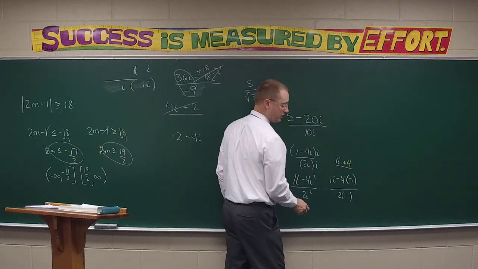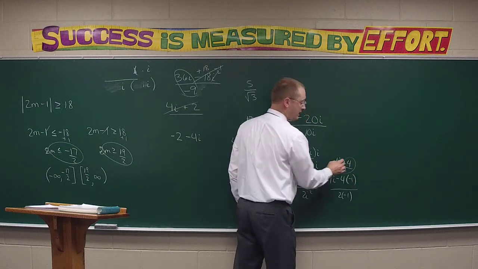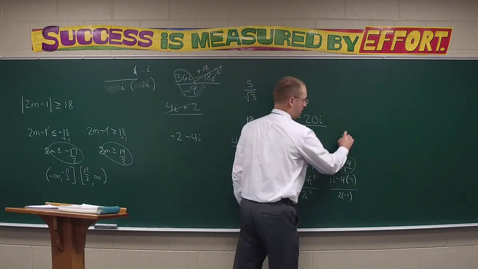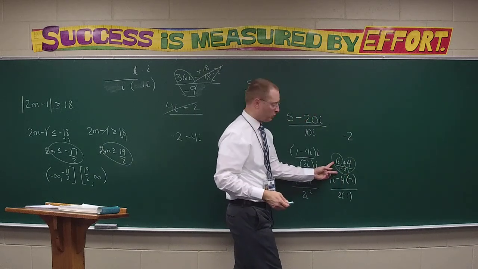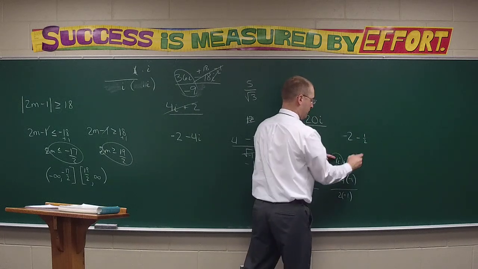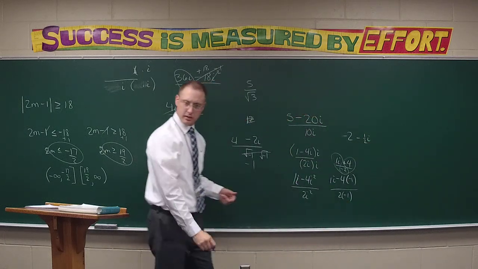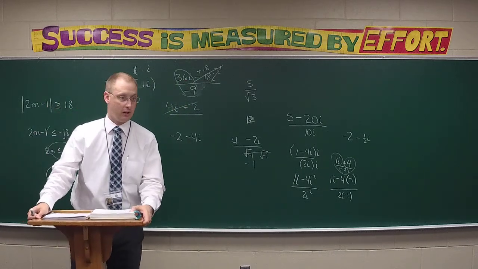And the denominator, negative 2. And now I could divide. So here when I divide the reals, negative 2. And I can't really divide the imaginary, can I? So we'll just leave it as a fraction, negative 1/2 i. Does that make sense? All right. Good. Any other questions on the 5 to 11 odd?